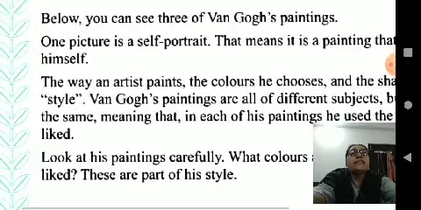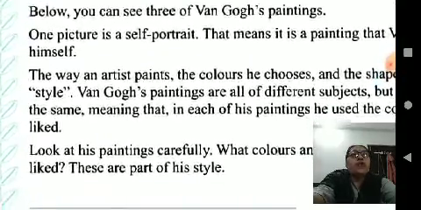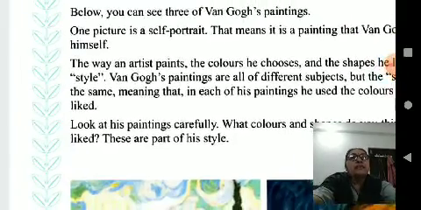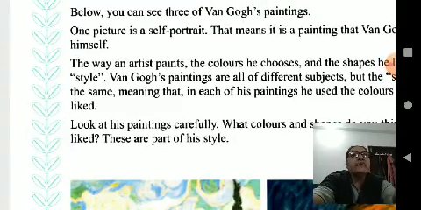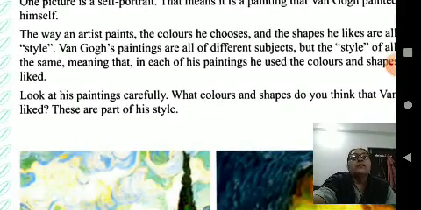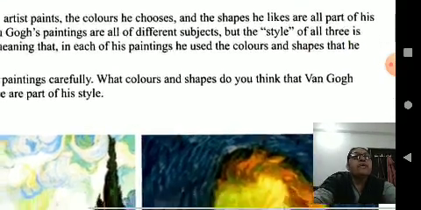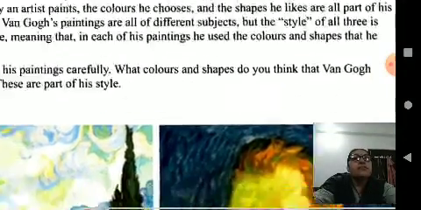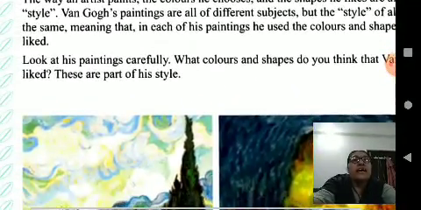Below you can see three of Van Gogh's paintings. One picture is a self-portrait. That means it is a painting that Van Gogh painted of himself. The way an artist paints, the colors he chooses and the shapes he likes are all part of his style.